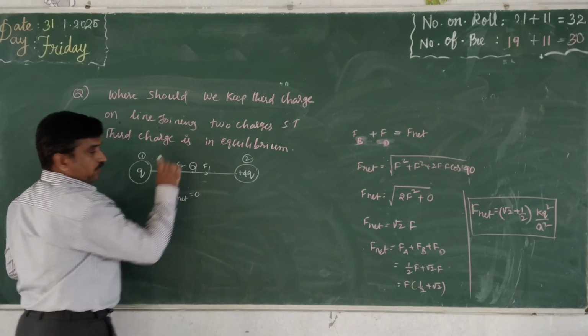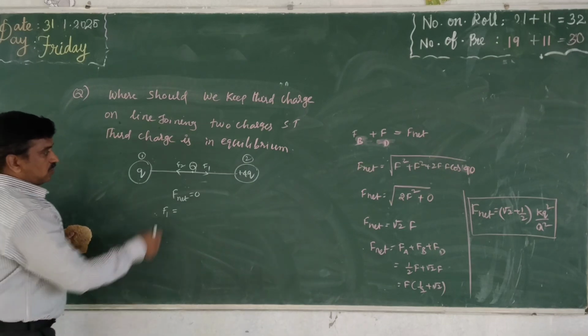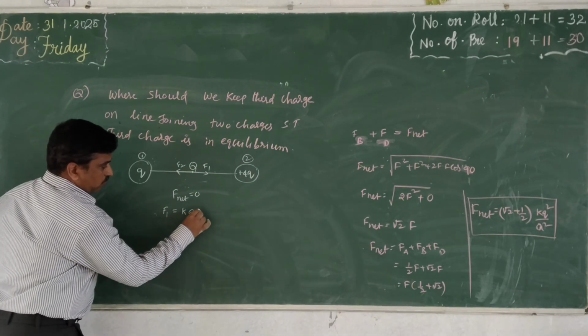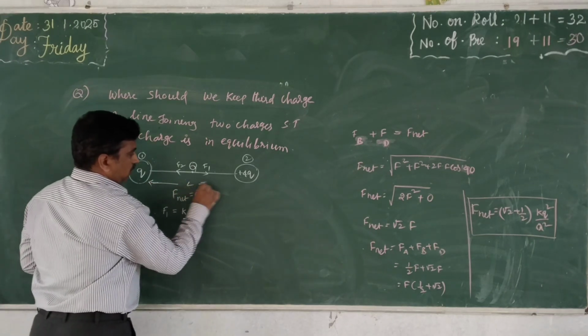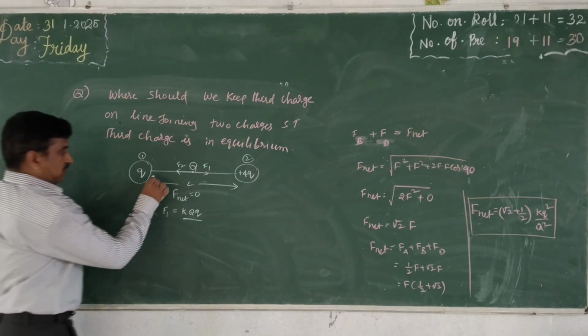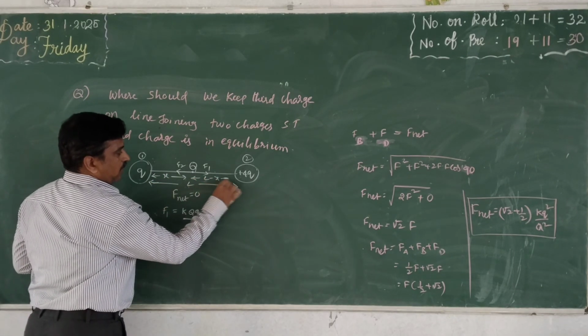Say both charges are separated by distance L. This distance we can take as x, and this distance is automatically L minus x.